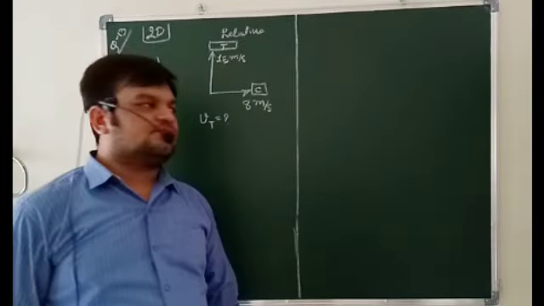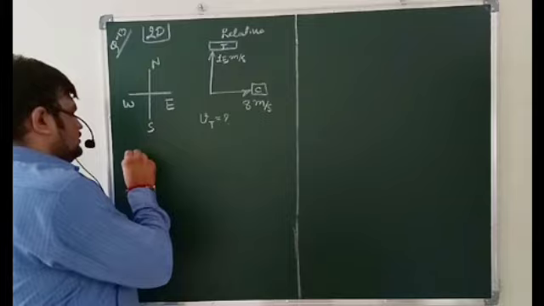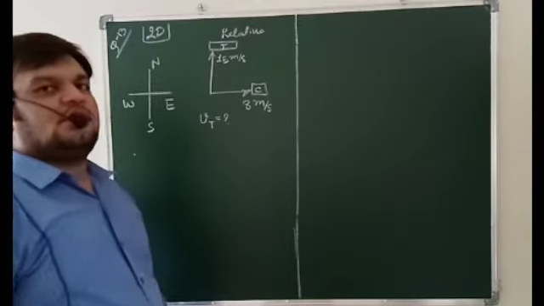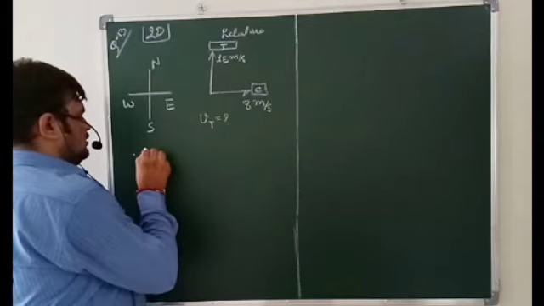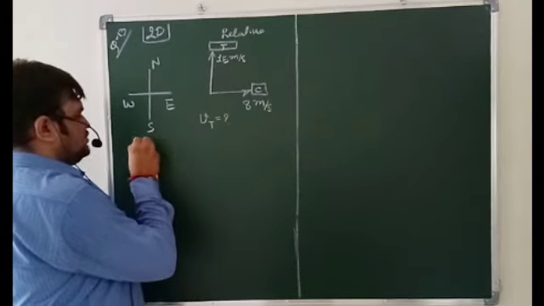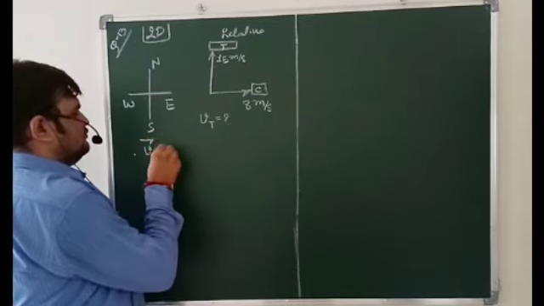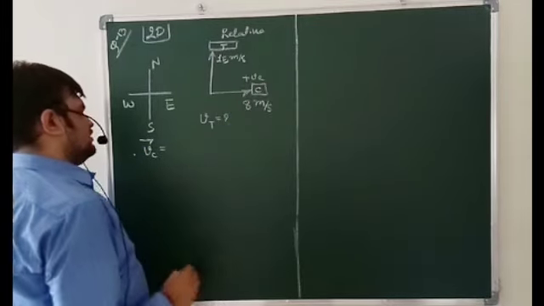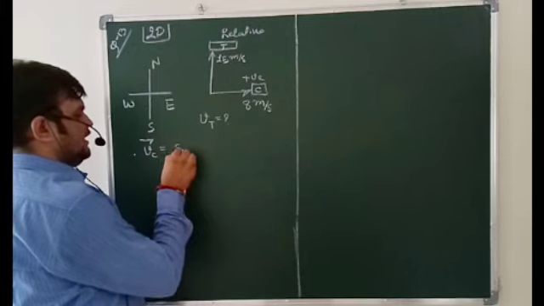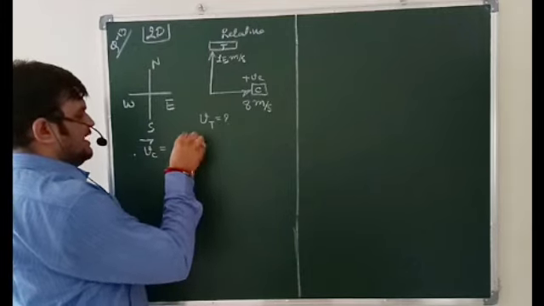Now here, this is a two-dimensional relative velocity problem. The velocity of the car is in the positive x direction, so it becomes 8 i caret.